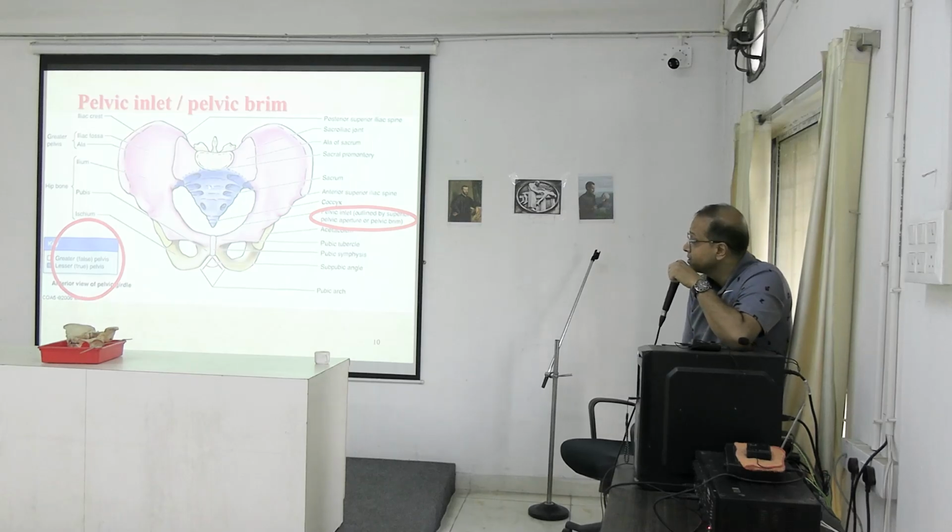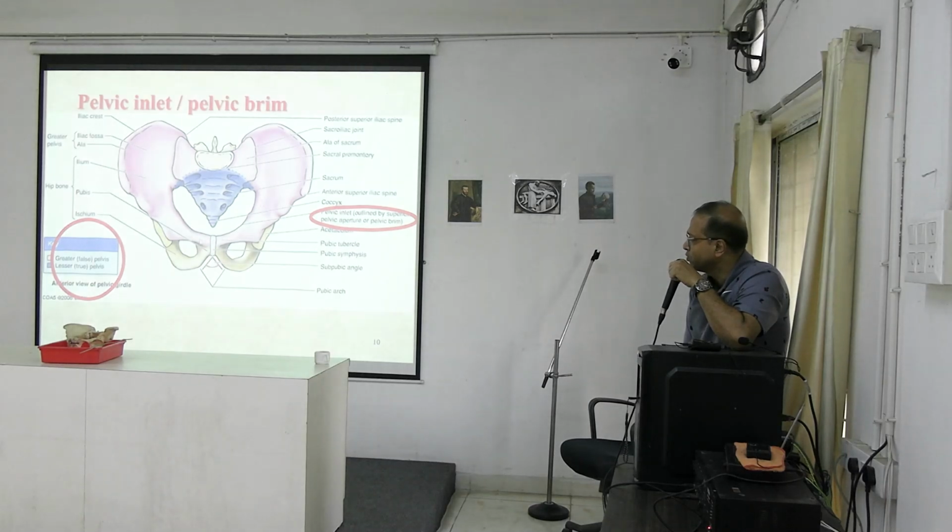This pelvic inlet, or pelvic brim, is an imaginary line running from the midline sacral promontory, ala, sacroiliac joint, then the pectineal line, reaching the pubic crest, to the symphysis pubis, then to the opposite side. That makes it a circular, oval, or indented oval kind of imaginary line.